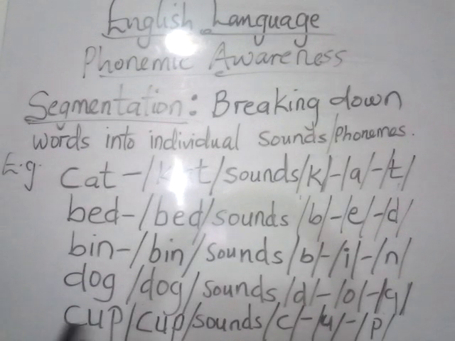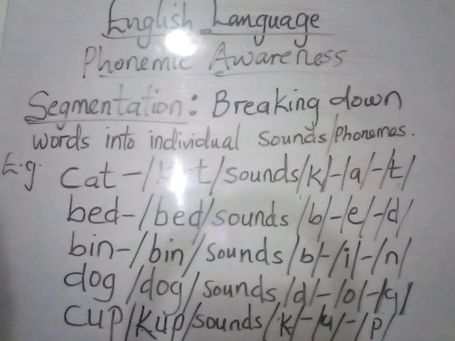Okay, so we have cap, and this is the way it also goes in transcription. And then when you break this sound down, you have the different letters that combine to form this word cap as K, A, P, cap.